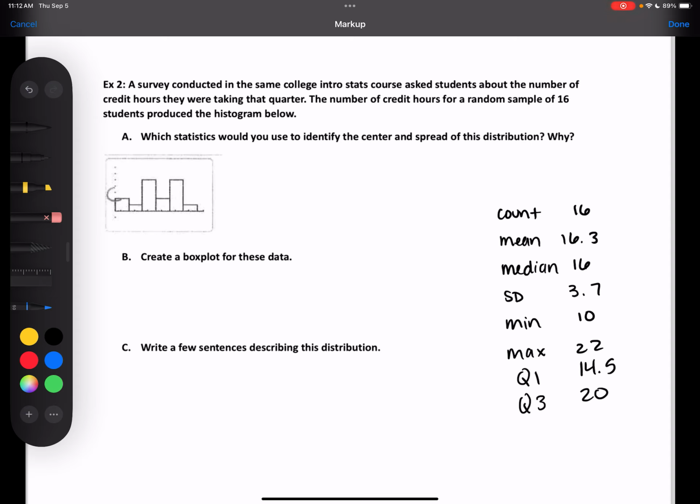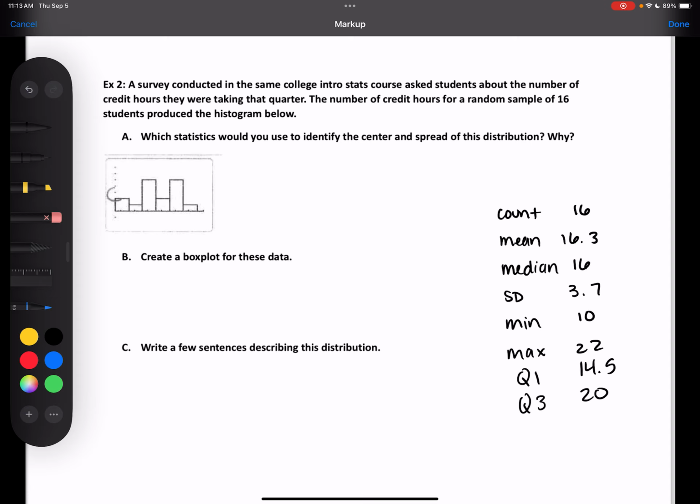So what should we use for center and spread with this one? Based on the histogram, what do we notice about this histogram? Bimodal. It's bimodal, which pretty much automatically means what? Median and IQR.